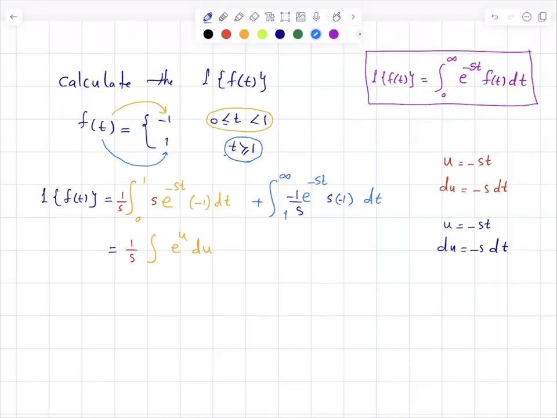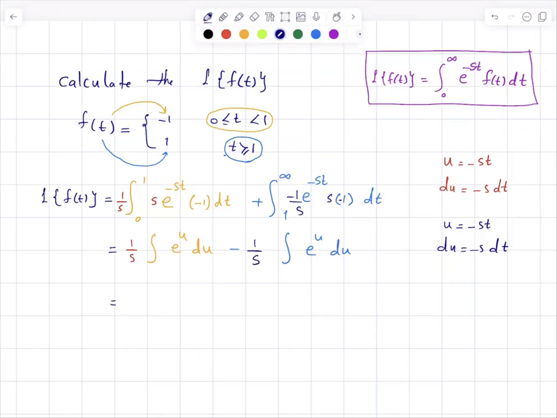So this can be written as -1 over s times the integral of e to power u du. As easy as that. So now you're going to calculate these integrals, which are easy to work with.